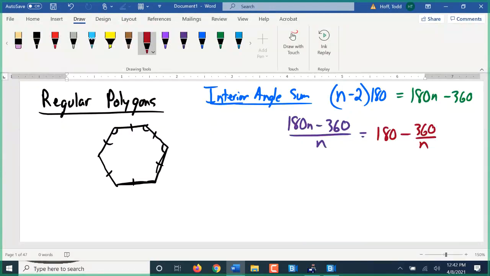For a six-sided figure, for a hexagon, of course, this was interior sum of 720 degrees divided by n of 6. That means each interior angle is 120 degrees.